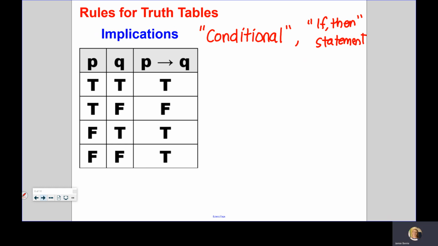The best way to think about this rule is in terms of a promise. It's going to be true if the promise is not broken, and false if the promise is broken. So let's pretend we have this scenario. If you give me $5, I promise to pay you back.